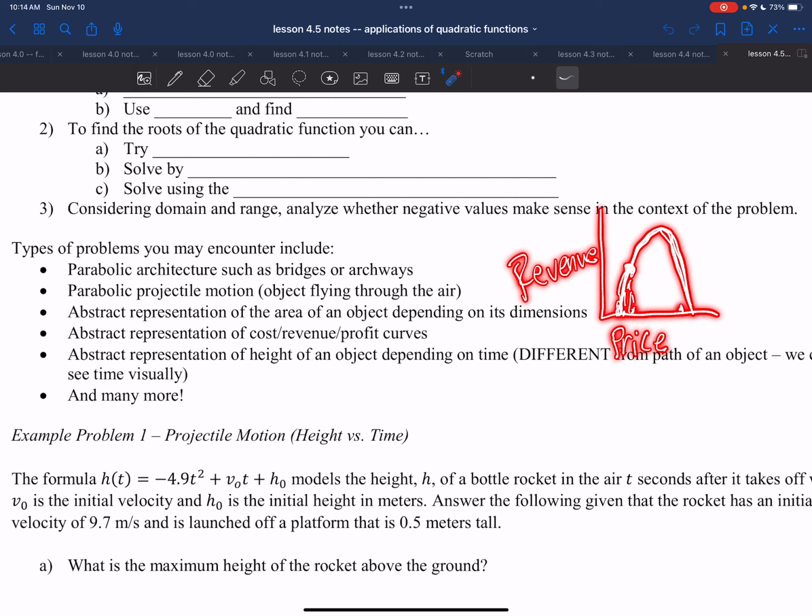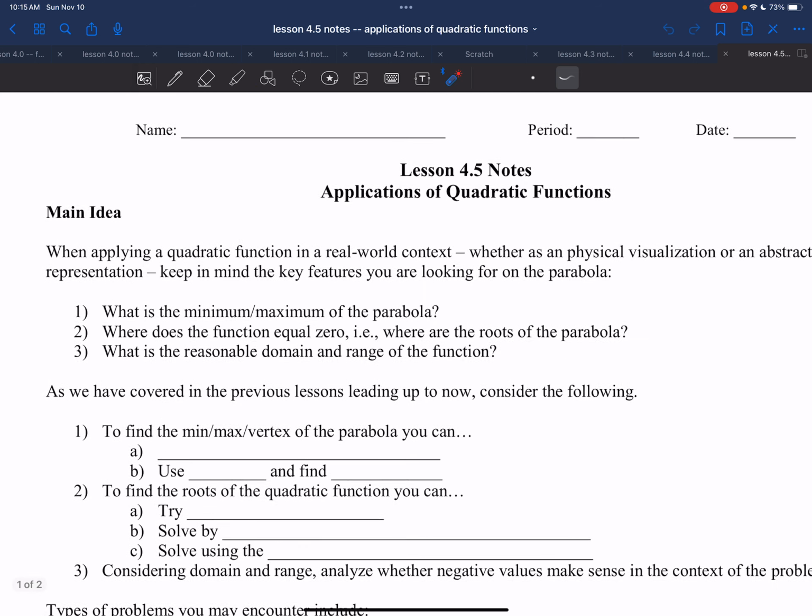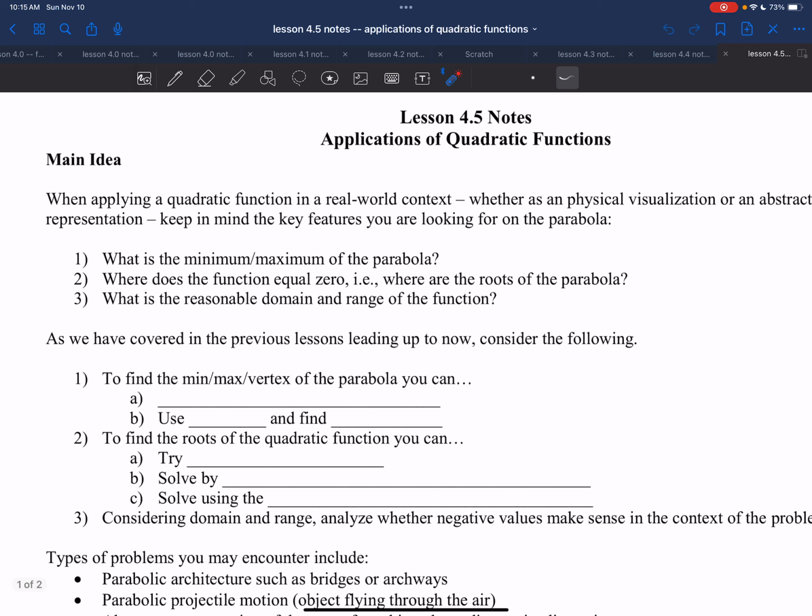If I sell it for really expensive, few people buy it, so I don't make much money. But there's an ideal price point that if I sell it, I maximize revenue, right? And that'd be like the vertex of a parabola. So it's things like that, right? That maybe you don't see with your eyes, but they can model the way things grow or decrease, increase, decrease, that kind of thing.